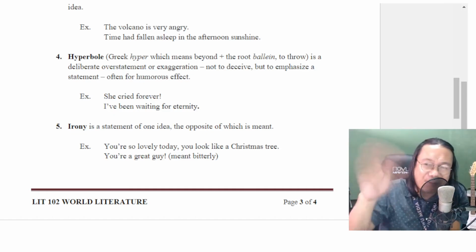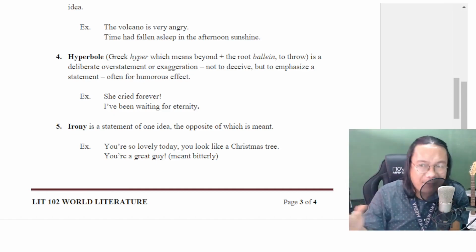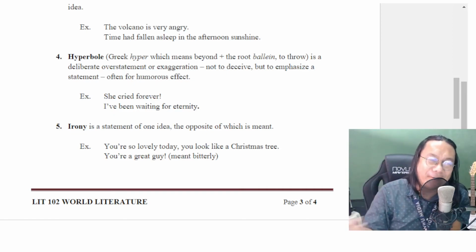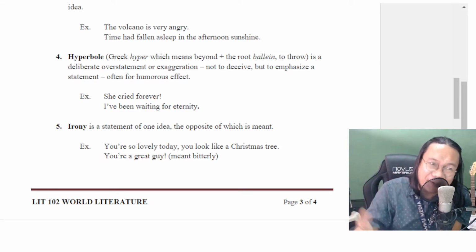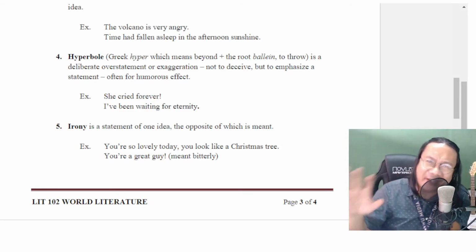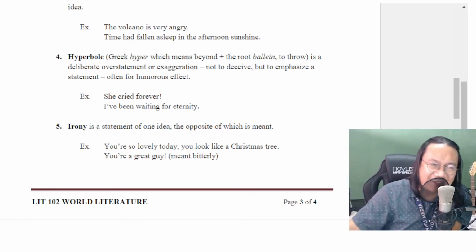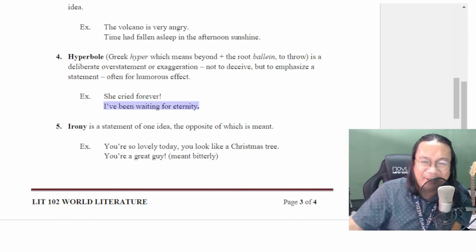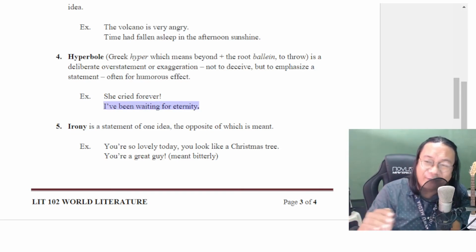That's a hyperbole. Why? Because it is not possible to cry forever, but because you'd like to exaggerate, then you're using that word. Or I've been waiting for eternity. Of course you cannot wait for eternity. You'll die first before waiting for eternity. But just to stress that you've been waiting for a long time, you're using hyperbole.